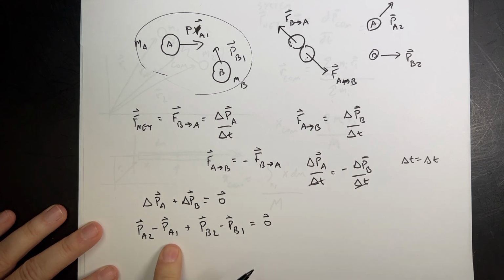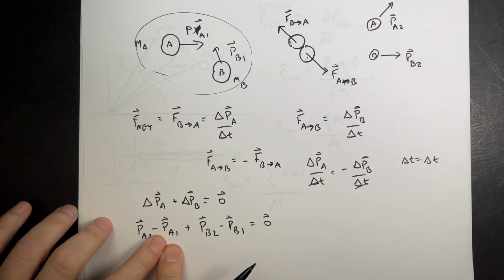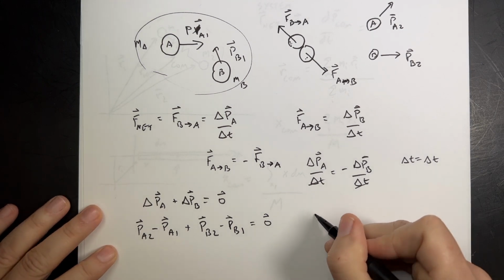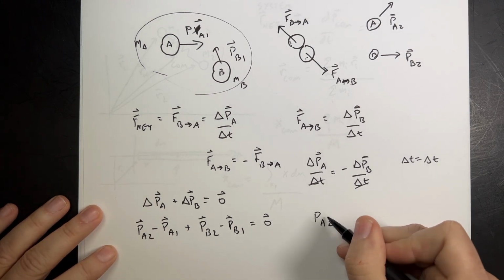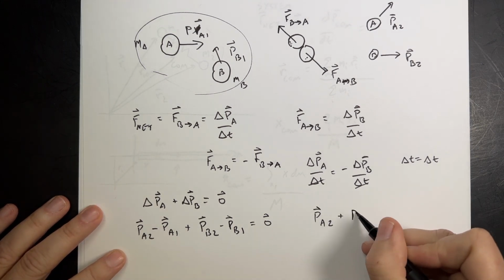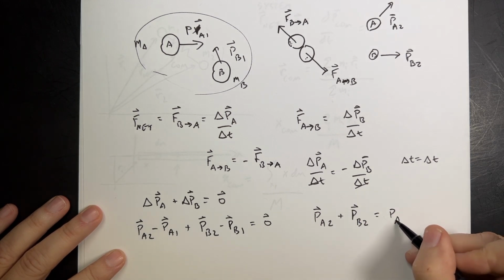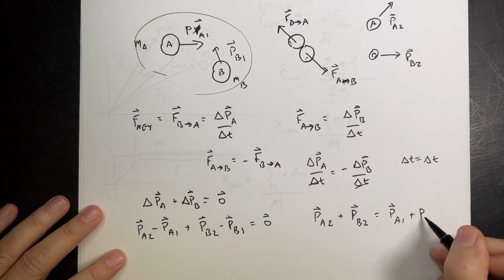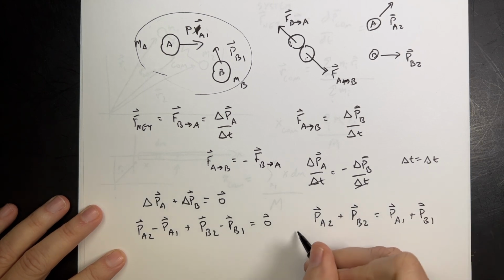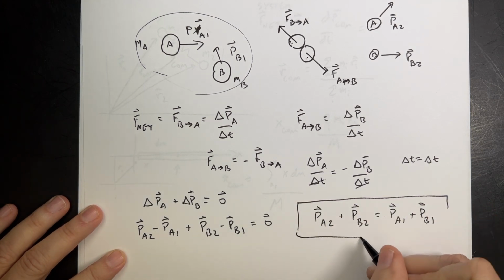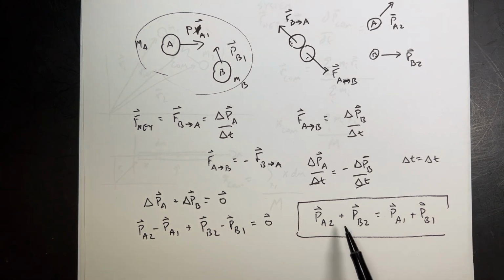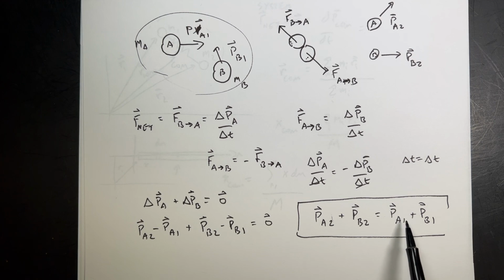Now I'm going to add P A1 and P B1 to both sides, and I get P A2 plus P B2 equals P A1 plus P B1. This is conservation of momentum. This says that the total momentum before the collision is equal to the total momentum after, as a vector.